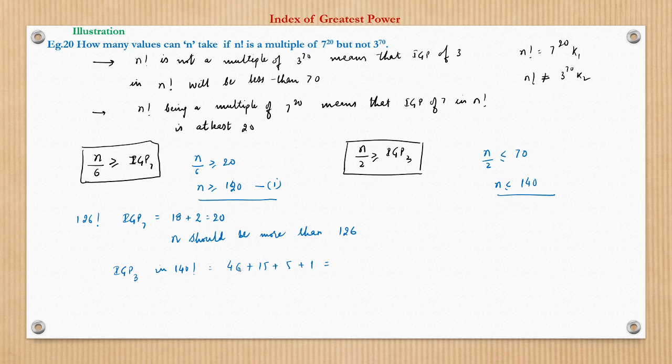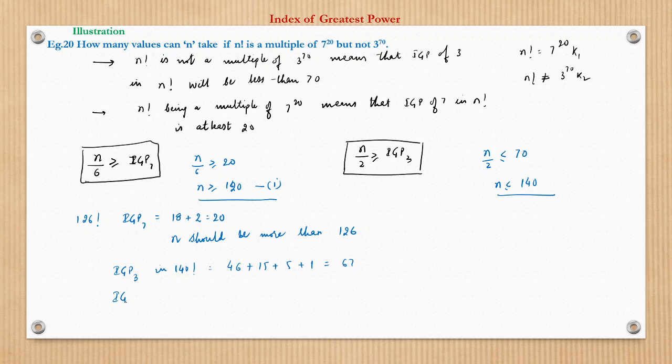So it is nothing but 46 plus 15 is 61, 66, 67. Okay, so we check with another number, right? The next multiple would be 141. 141 is not a multiple of 9, so the power index will increase by just 1, 68.